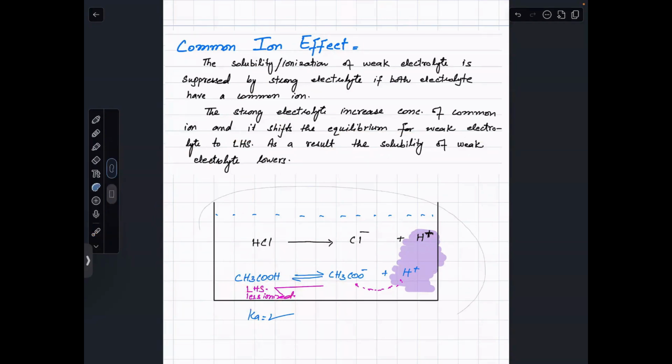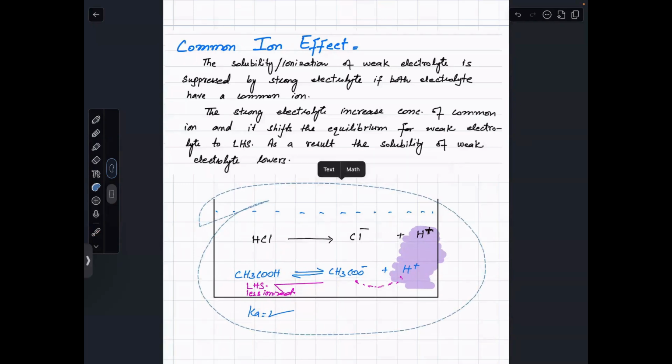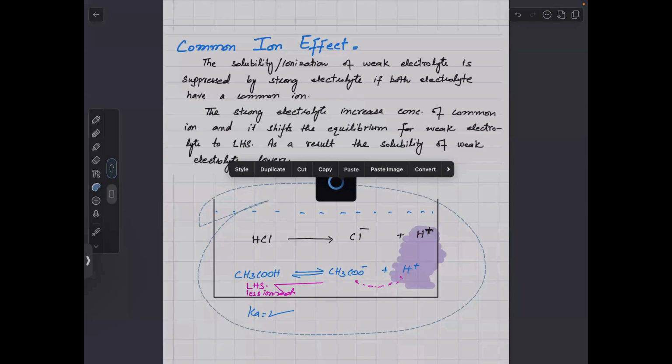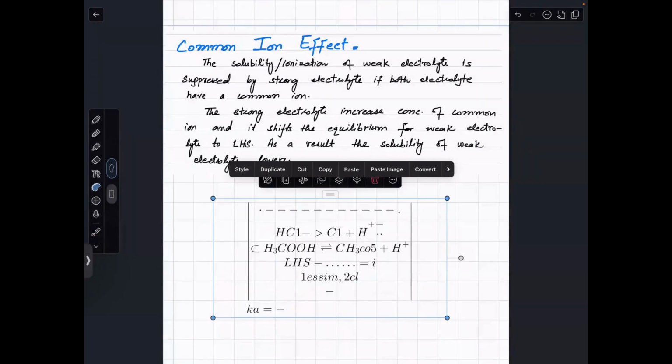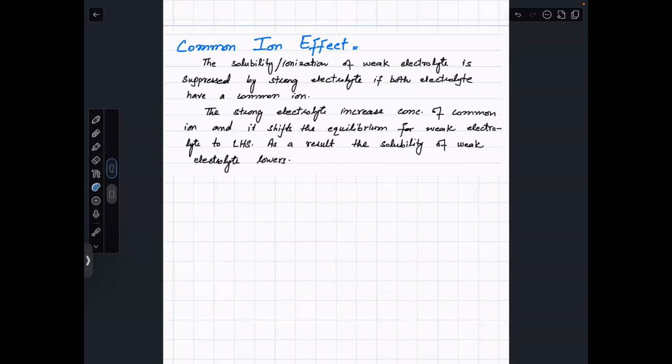If I take another example. Suppose I have a container.